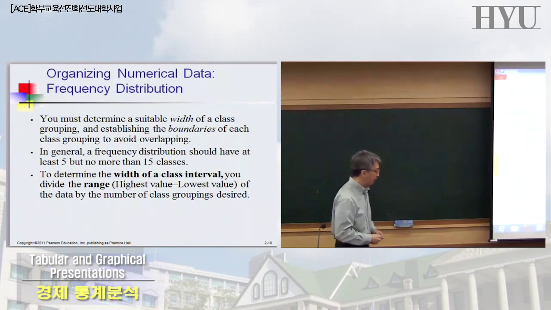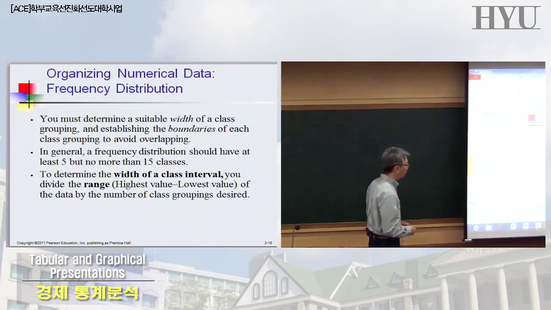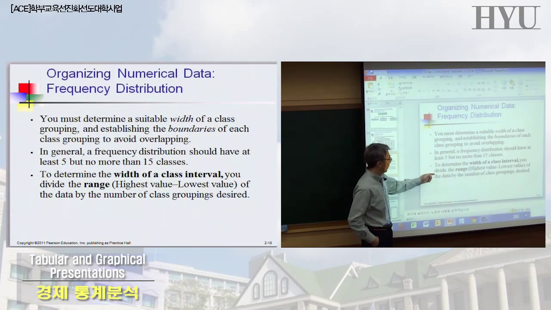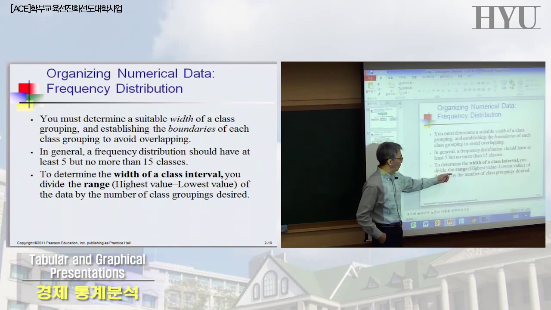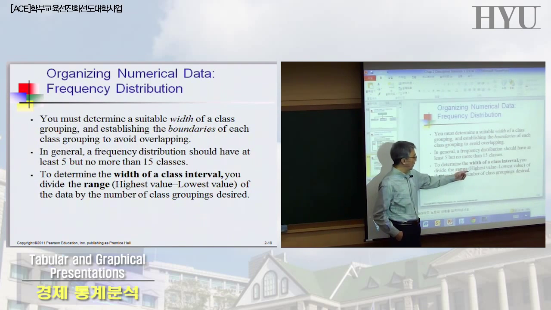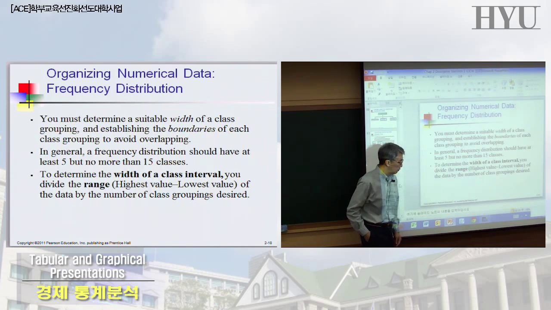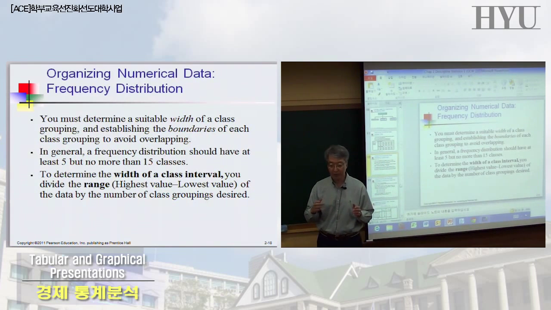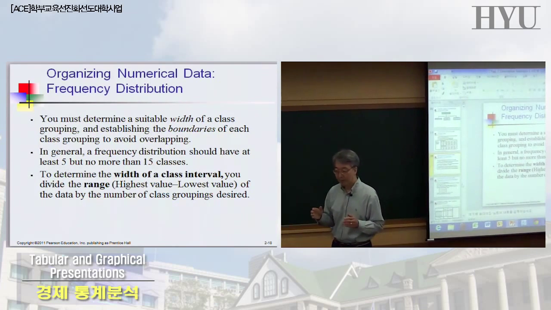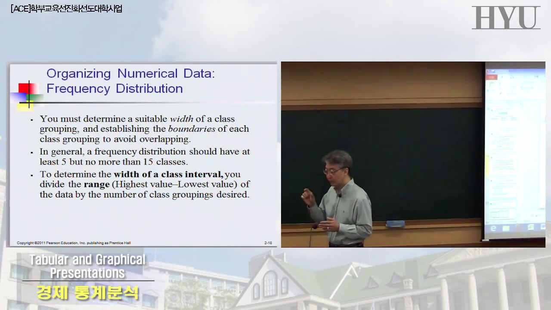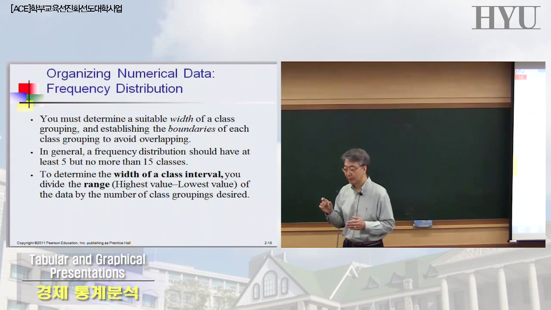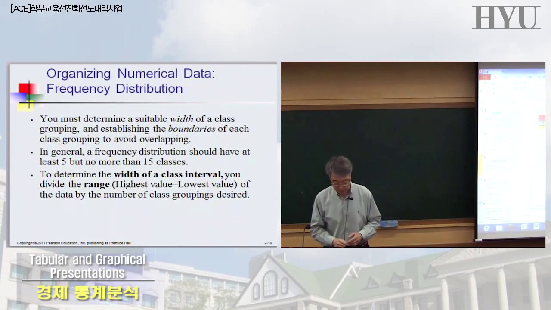So what that means is you have to determine the width of each class by dividing the total range. Again, the range is the highest value minus the lowest value. Divide the entire range by the number of classes you desire. Then you will be able to find out how wide each class should be. So that's how the width is determined.